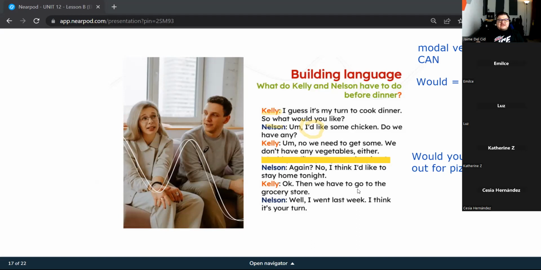Tenemos que ir a la grocery store porque no hay nada para comer, ni vegetables ni chicken, pero él tampoco quiere ir a comer pizza. Nelson le dice: well, I went last week, I think it's your turn. Y así se desarrolla esto.